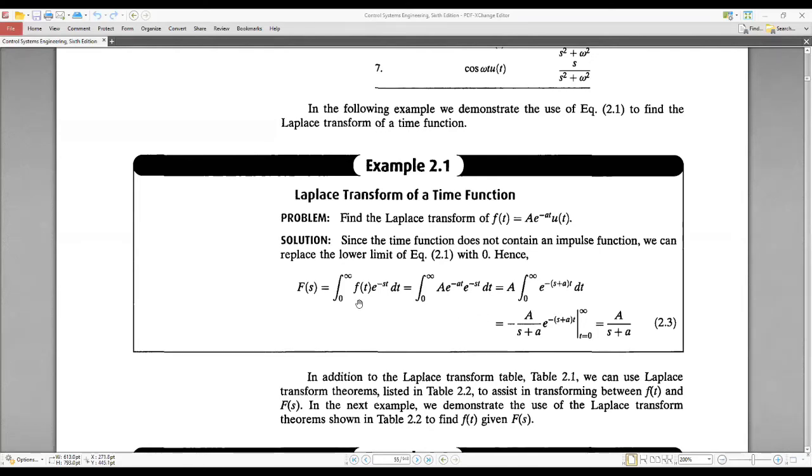Instead of f(t), we can write this one. Now do the integration, then finally you get A by s plus a. It comes from the integration.